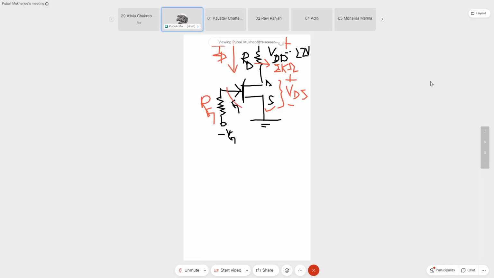In FET, IG is generally 0 because of the very high input impedance. So the input parameter is VGS. So what was the output characteristics or drain characteristics? Can any of you just say what is the output characteristics? Anyone? I don't want to leave the screen because I'll have to redraw the diagram again then.